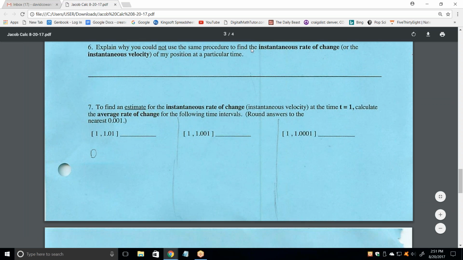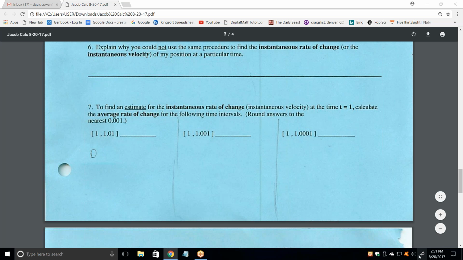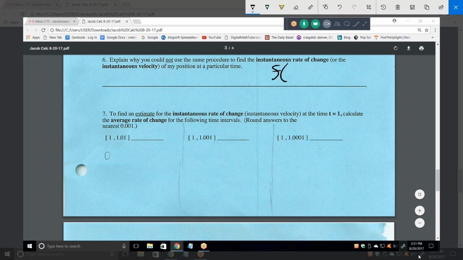And explain why you could not use the same procedure to find the instantaneous rate of change, or the instantaneous velocity, of my position at a particular time. And I just told it to you. If you wanted to find the instantaneous rate of change at, say, 2.2 hours, and you try doing it the conventional way, it's going to be f of 2.2 minus f of 2.2, that's the rise, and the run is 2.2 minus 2.2.